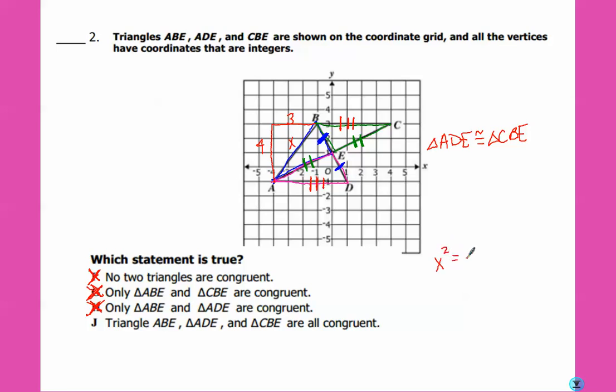So x squared equals 4 squared plus 3 squared. 4 squared is 16, 3 squared is 9, x squared equals 25. And if we square root both sides, we get that x equals 5. So it is the same as those other two, so all three triangles are congruent. Go ahead and try your practice.